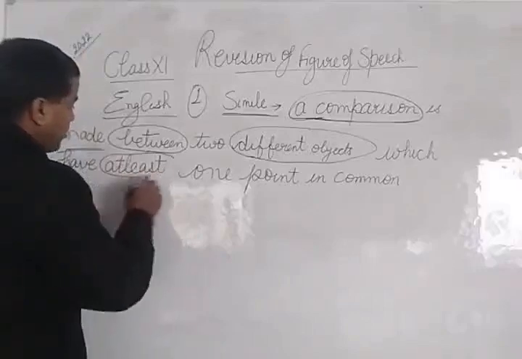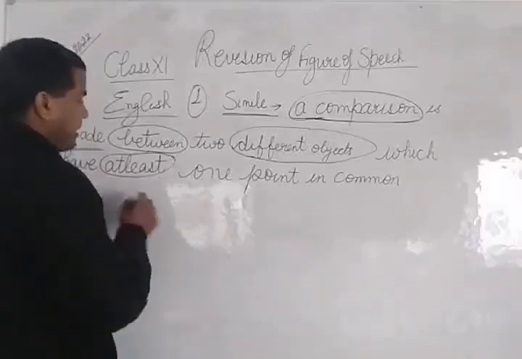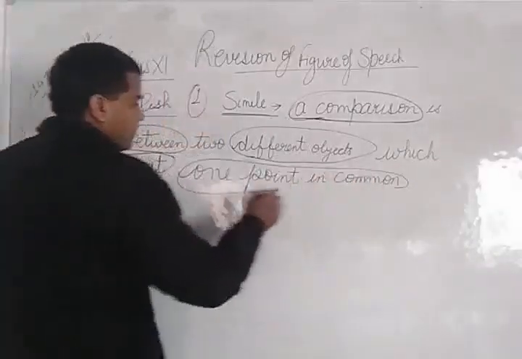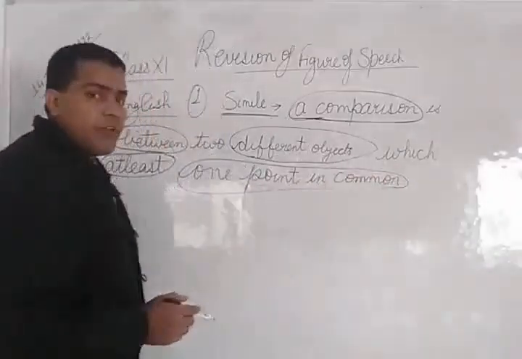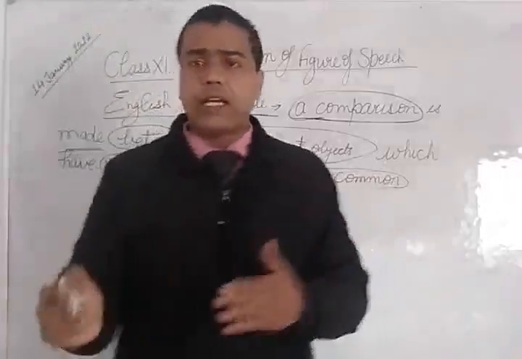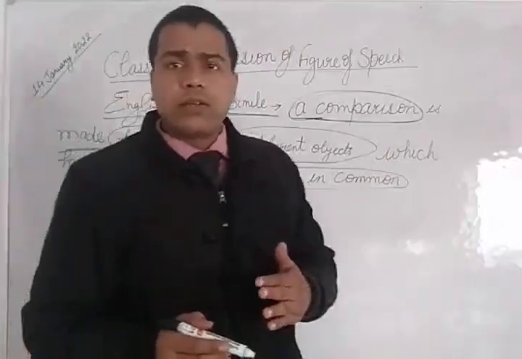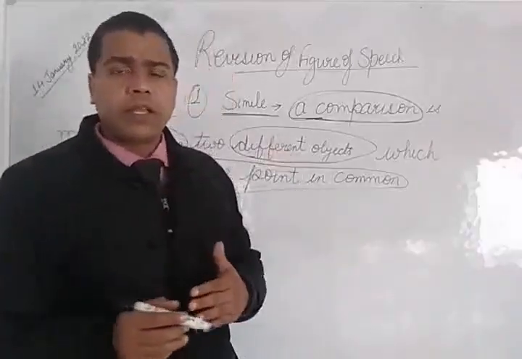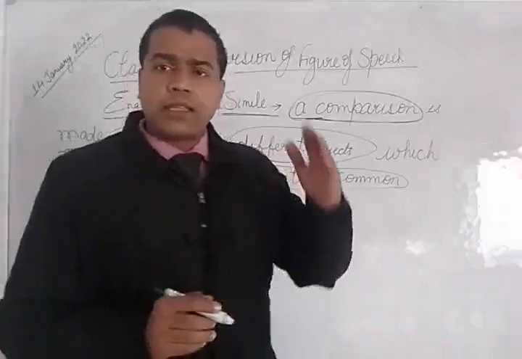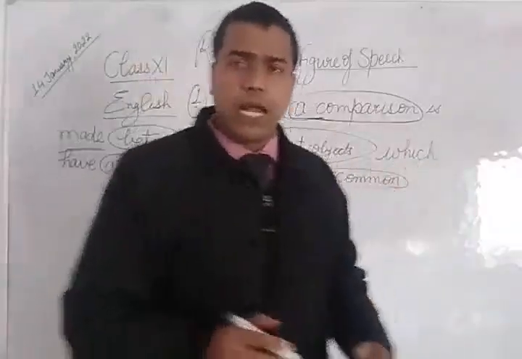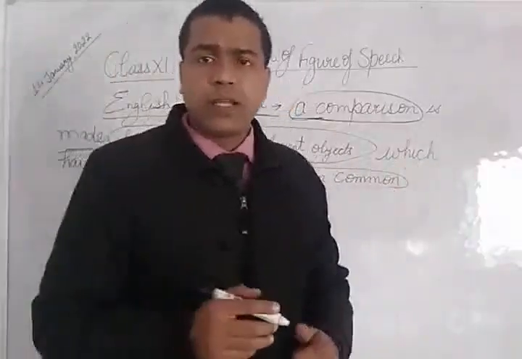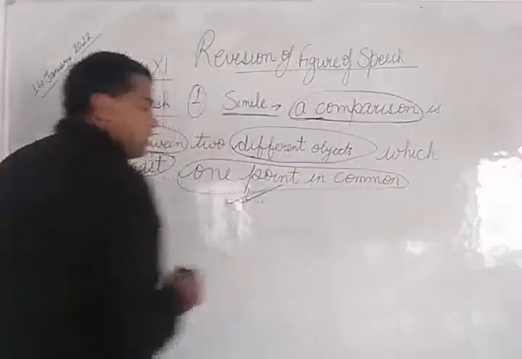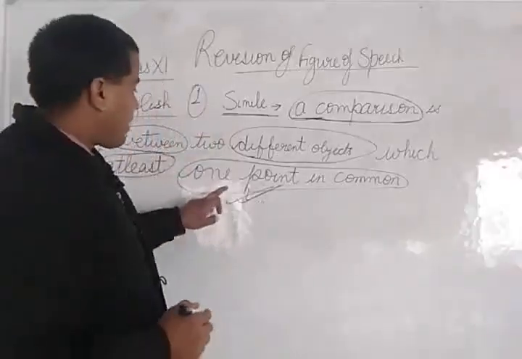When you are comparing between two different objects, there should be at least one point in common. One thing common is that the tiger is brave and the man is also brave. This is the one point.